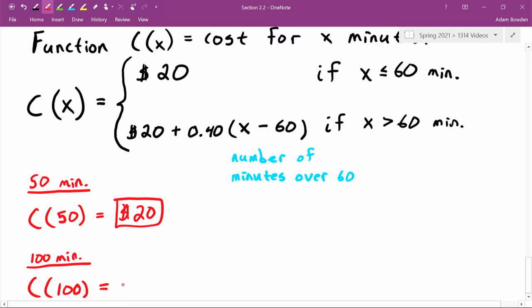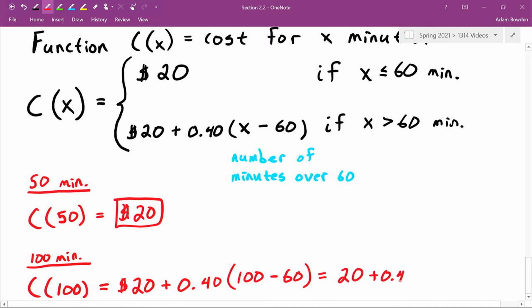Since this is greater than 60 minutes, we're going to still pay the $20 plus 40 cents times 100 minutes minus 60 for the amount over the 60-minute barrier. So it's going to turn into $20 plus 40 cents times 40 minutes over. That comes out to be a total of $36.